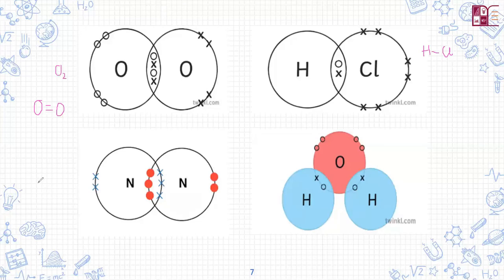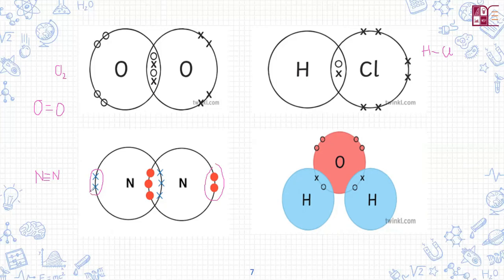Now nitrogen is in group 5, so it needs 3 more electrons to complete its octet configuration. So it will form 3 covalent bonds, and the rest of the electrons remain as a lone pair. This is known as a lone pair. Why is it known as a lone pair?